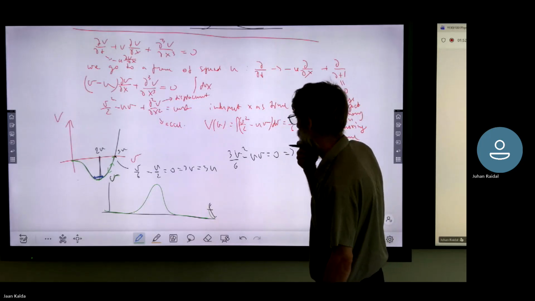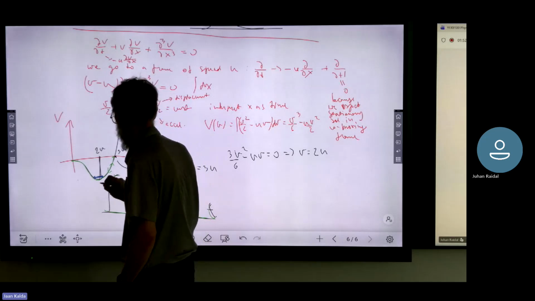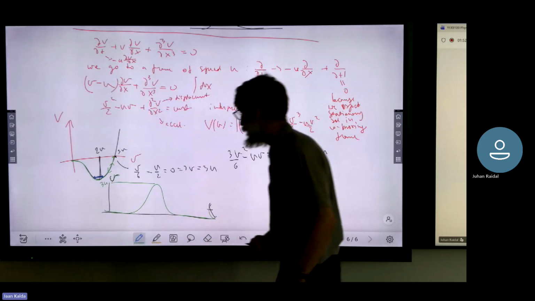And we know that the maximum point actually is 3u.